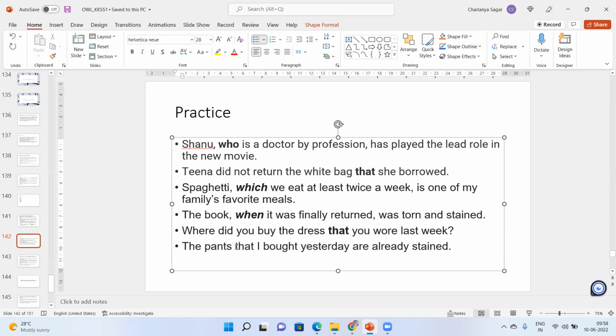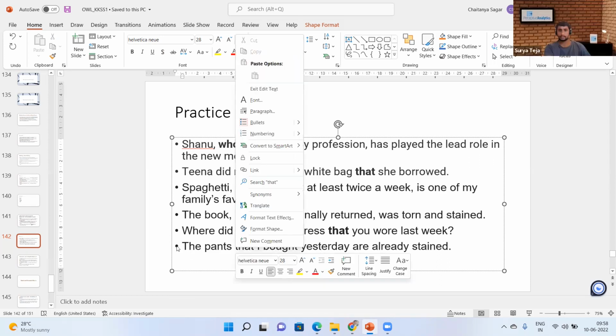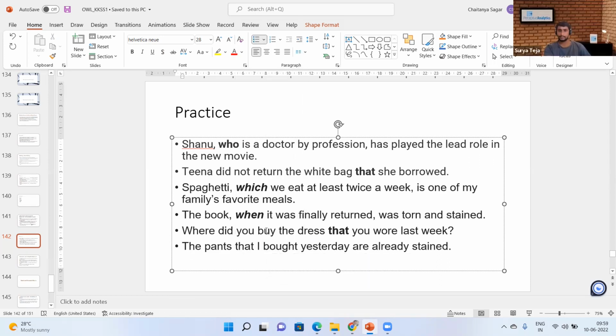Sounds like additional information. But if you see in the previous sentence, where did you buy the dress that you wore last week? So "last week" is just answering the initial part, right? But here also it still answers the initial part, because there might be so many pants.